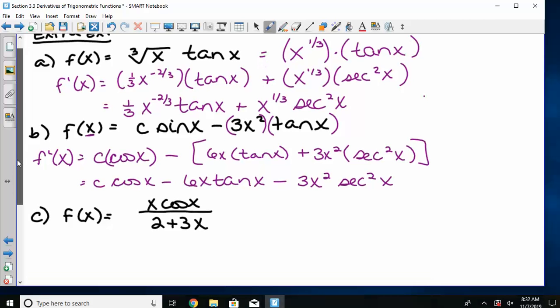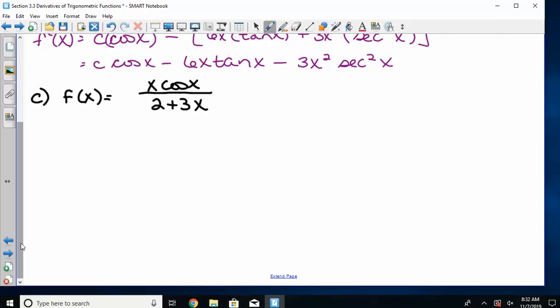Okay, on C, what are we going to have to do here? Quotient. So, low d high. How are you going to do the derivative of the top of this?